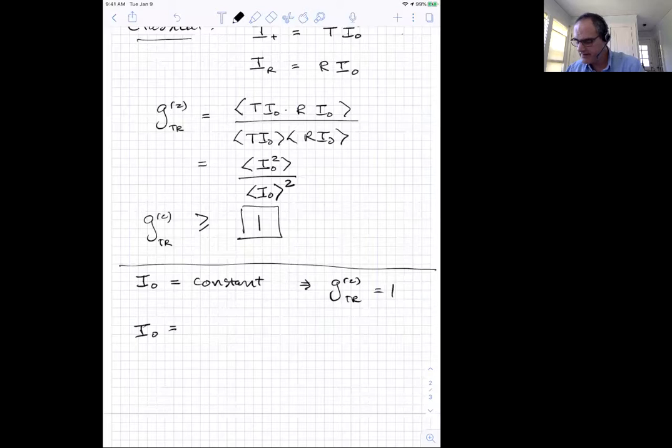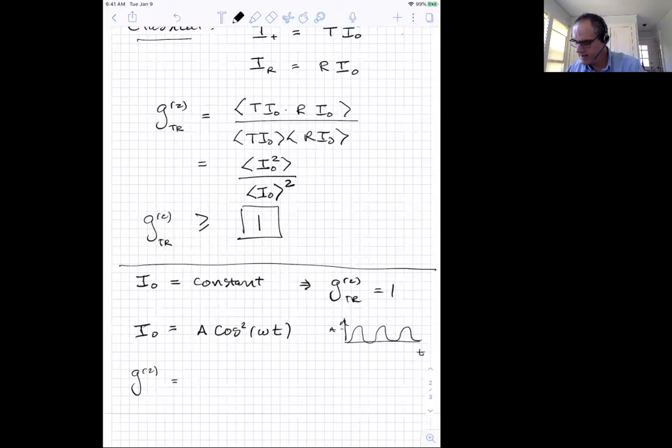Let's suppose that I0 is equal to some other constant times cosine squared of omega t. Okay? So it's always positive, but it varies between 0 and A. Okay? And it oscillates with time, like so.